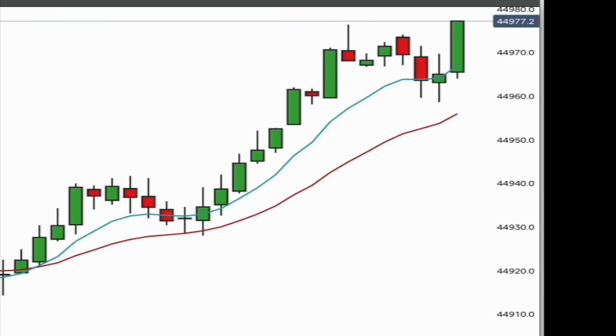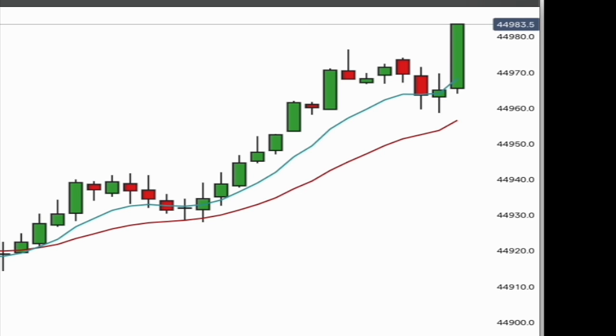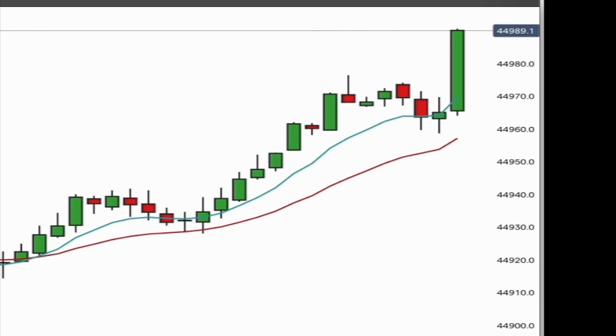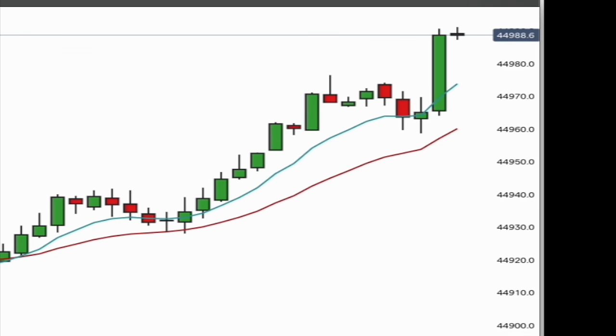Steady. And we're reaching the end of the candlestick here. Nearly. It's shooting up through the roof. There you go. So all indicators looking good, all context looking good.